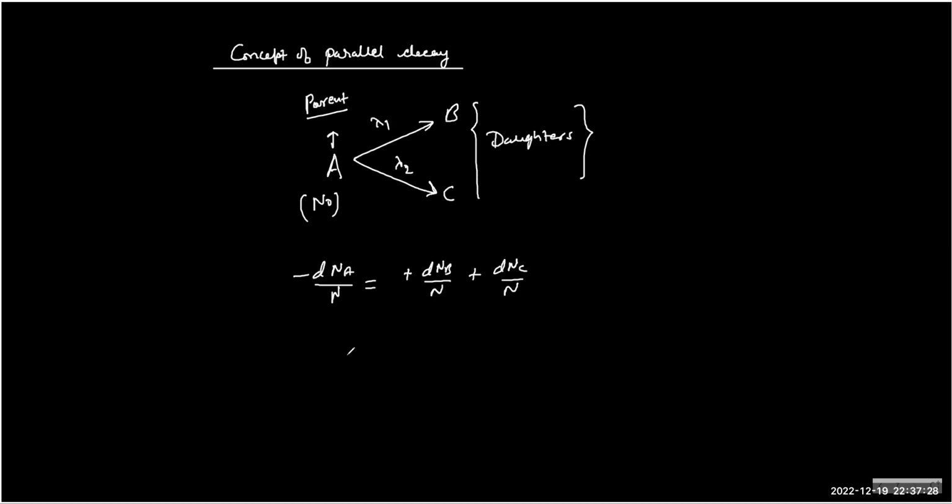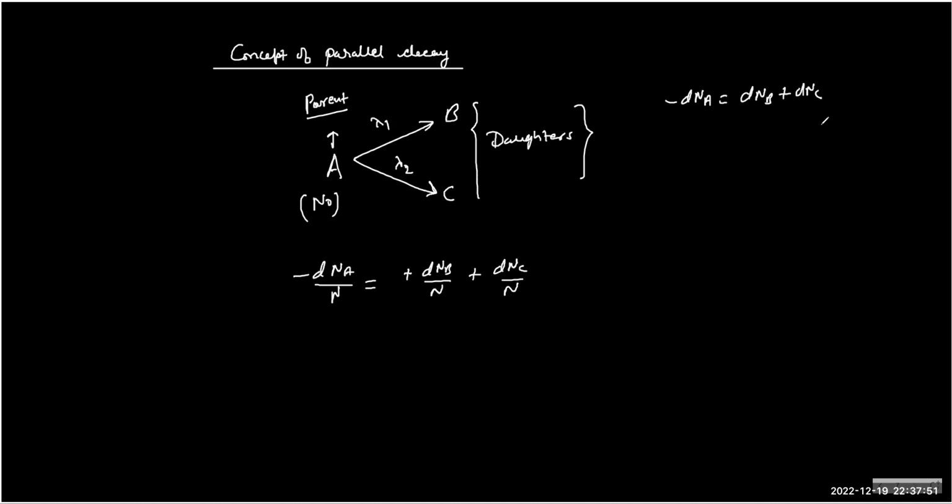Whatever amount of A decays, someone will become B and someone will become C, right? You can think this way: the decay of A will result in the formation of B and the formation of C.